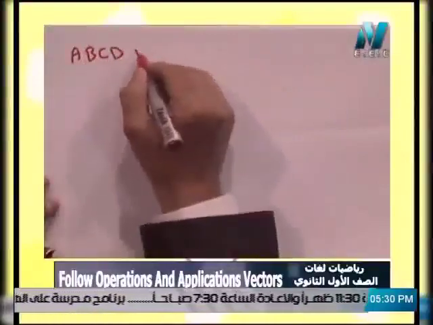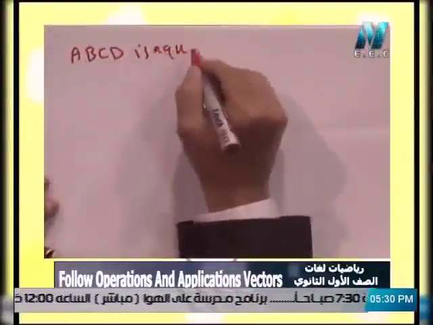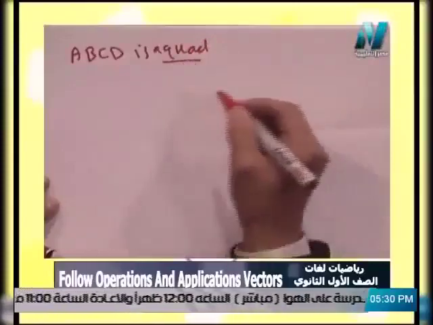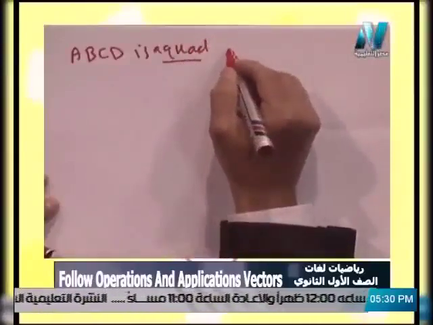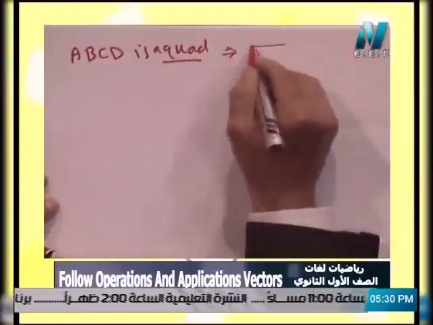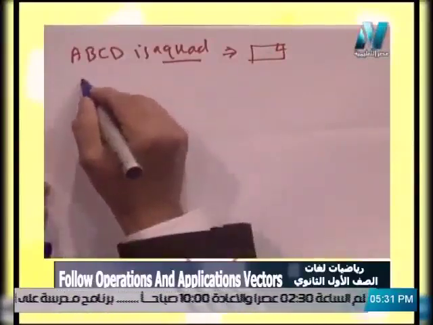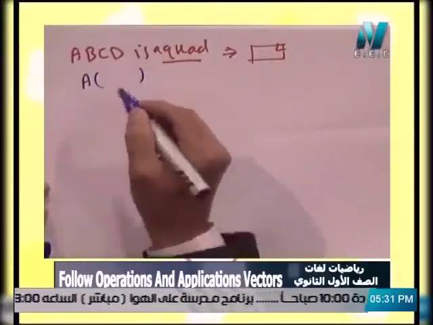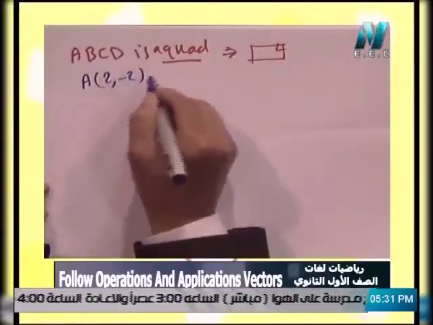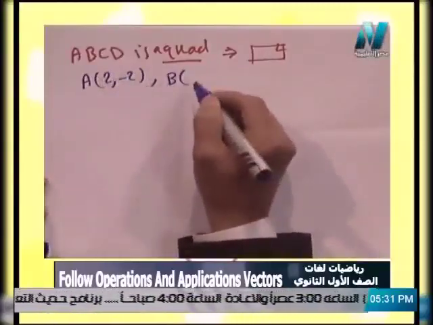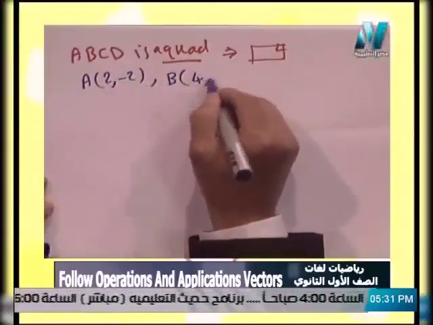So look carefully at this example. We have ABCD, a quad, and the request is to prove that this quad is a rectangle, and we have the points in a lattice, or coordinates. The point A is (2, -2). The point B is (4, -2).